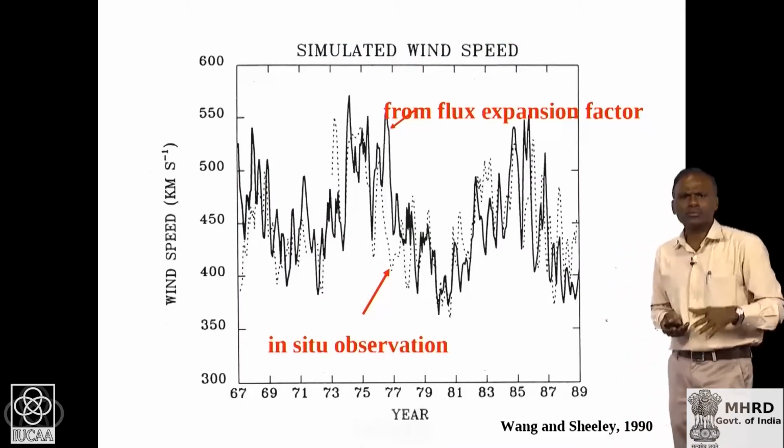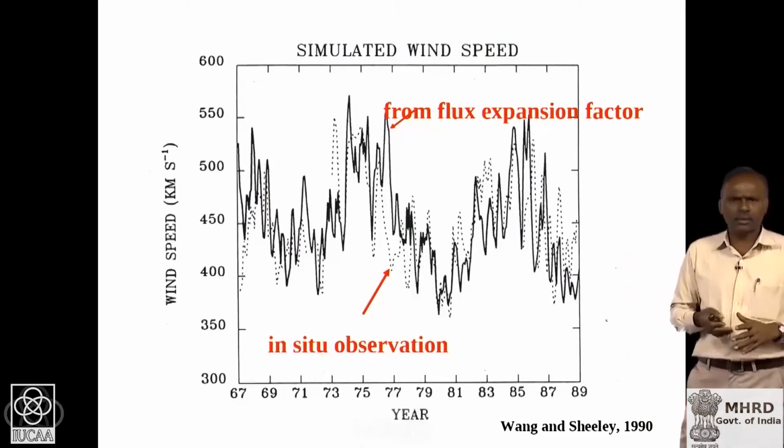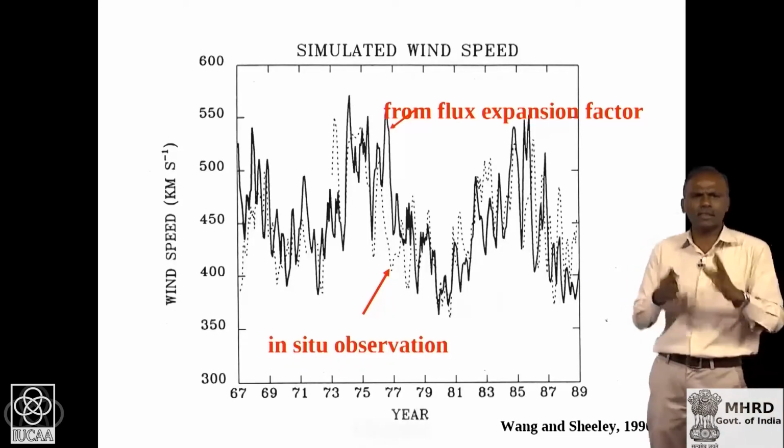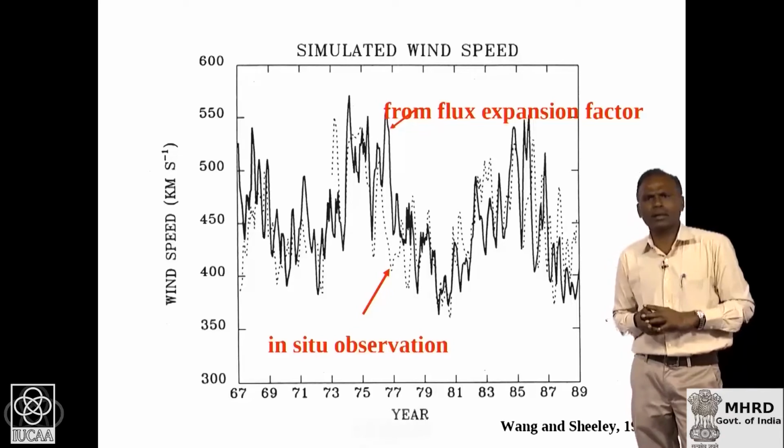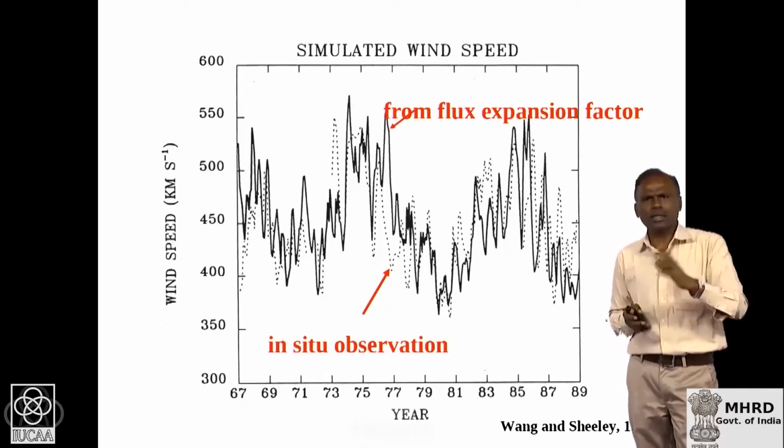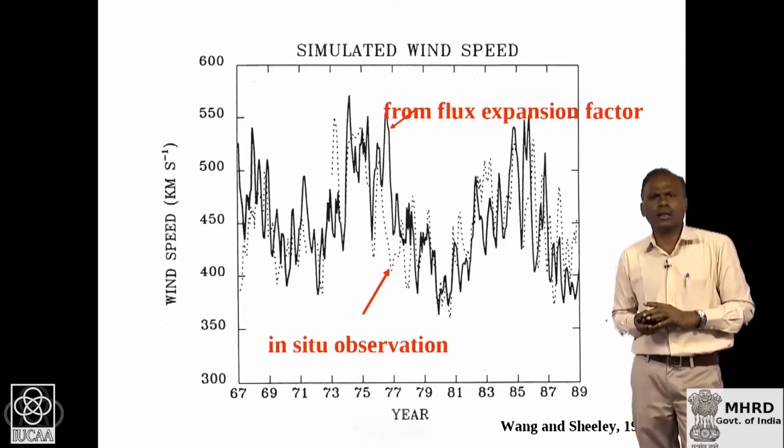So, here the x axis shows the year, and on the vertical axis we have the solar wind speed. They are from in situ measurements.